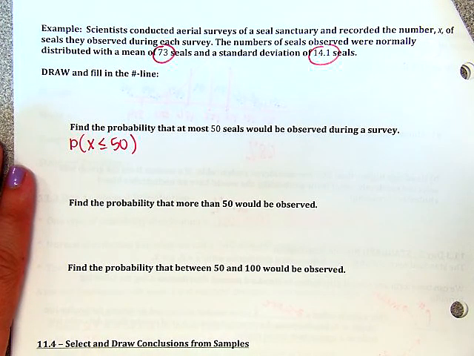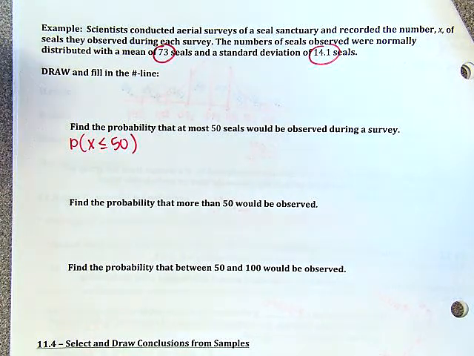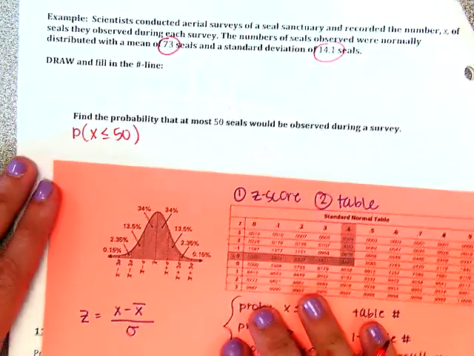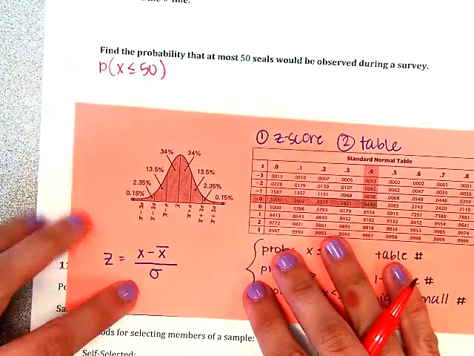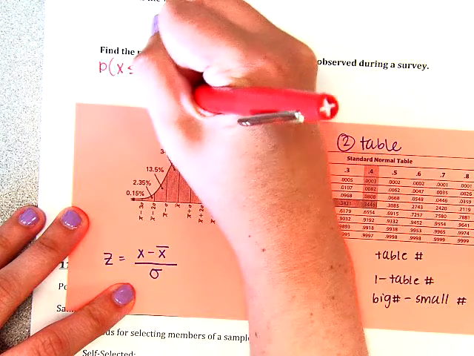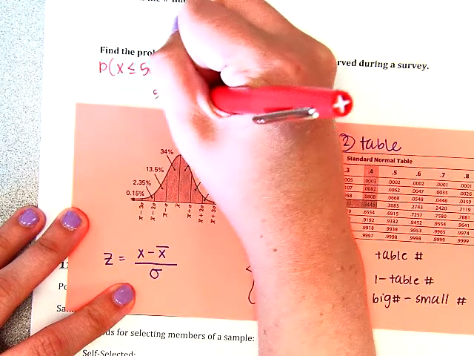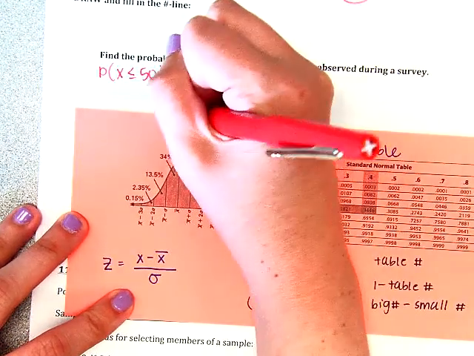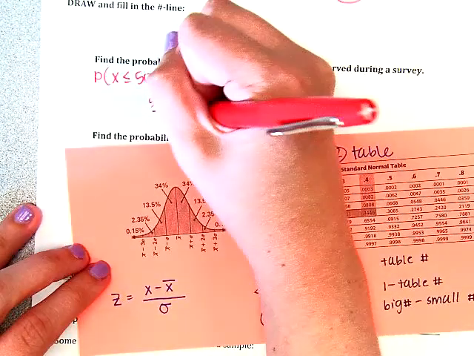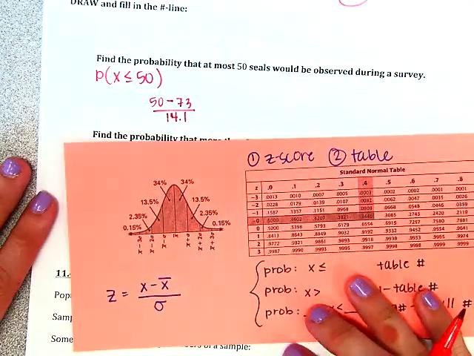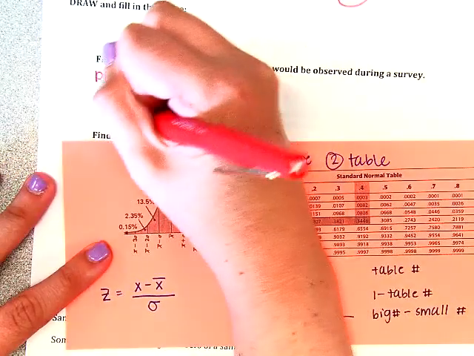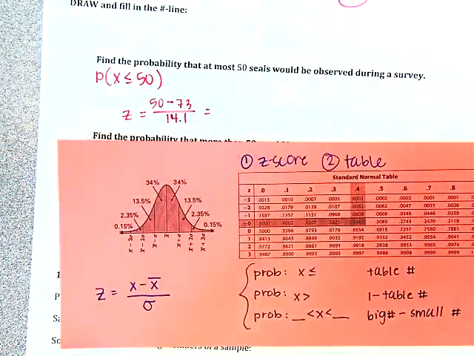So the first thing I always want to do is go to my z-score formula, which is right there. So I do 50 minus, what's my mean? 73, divided by my standard deviation, 14.1. So I take that, that's going to be my z-score. So I'm going to plug that in my calculator.